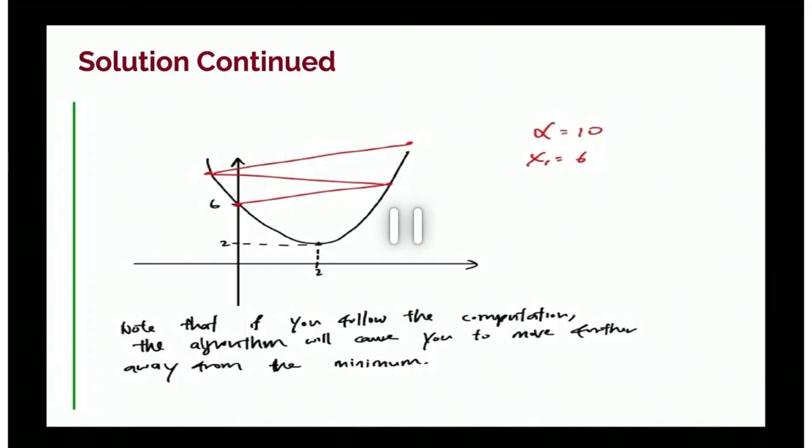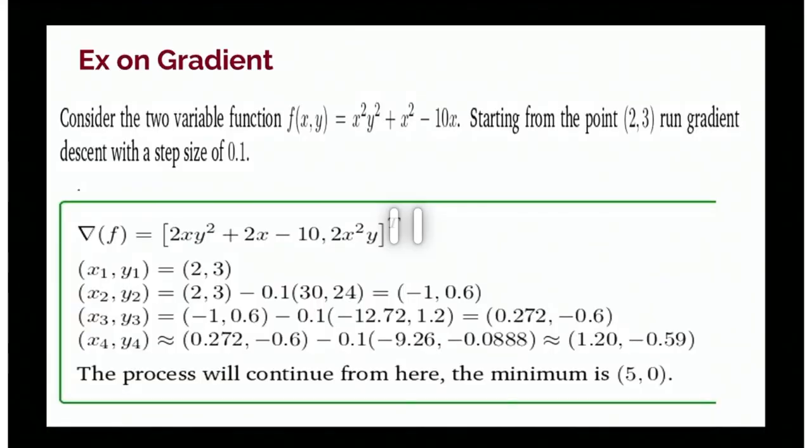Now, that is for univariate. What if I'm dealing with a bivariate? Then I have this, and I'm having this as the starting point. Because I've got two variables, I'm going to have one starting point for x, the other starting point for y. If I've got three variables, I'm going to have three different values at the starting point.